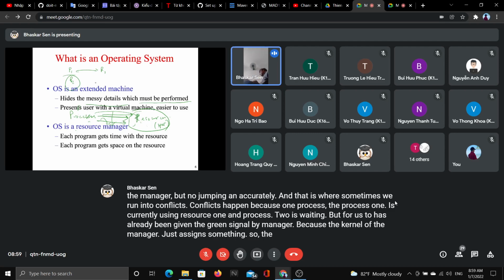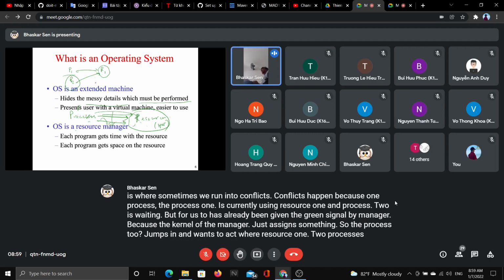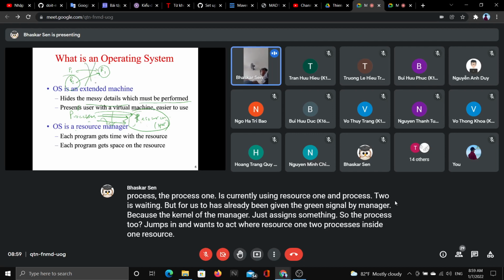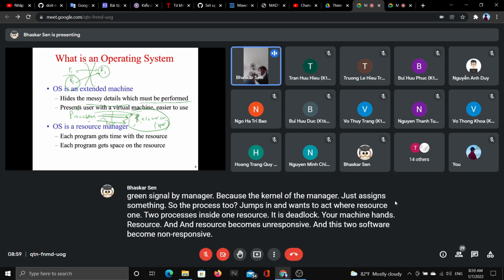So process two jumps in and wants to acquire resource one. Two processes inside one resource, it is deadlocked. Your machine hangs, the resource becomes unresponsive, and these two software become non-responsive as well. And we encounter these problems all the time.